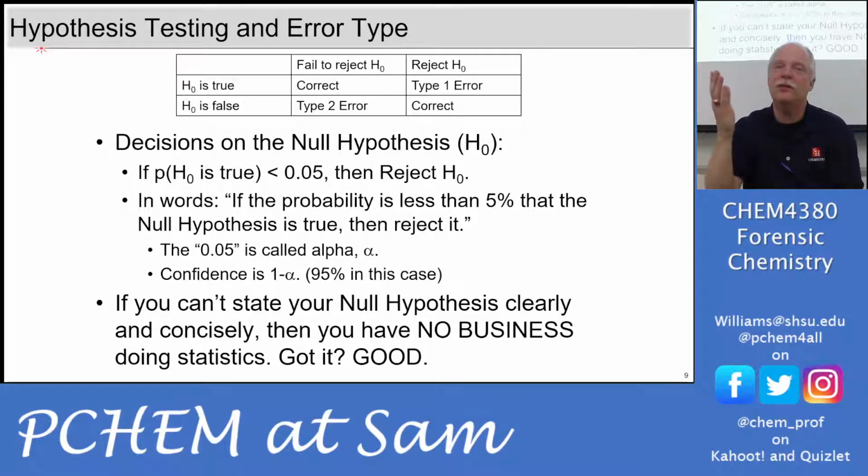We get p-values most frequently in this course with our linear regressions, so our ANOVA output. And so we have a b, an intercept, and a slope, and a p-value. So what's our null hypothesis for those?